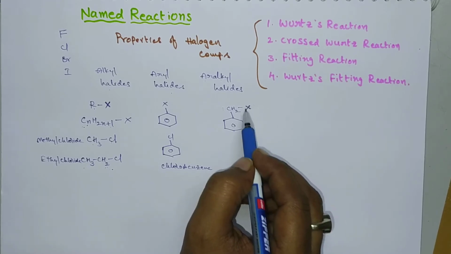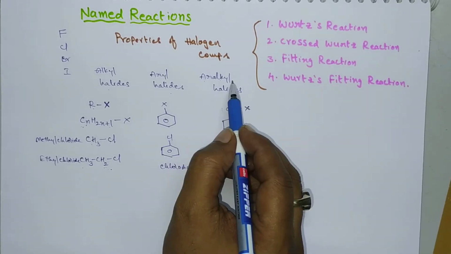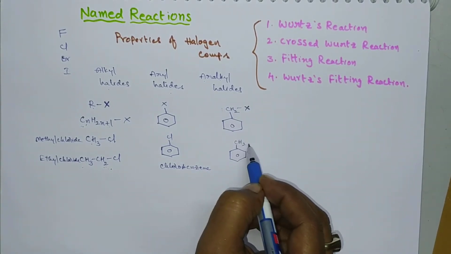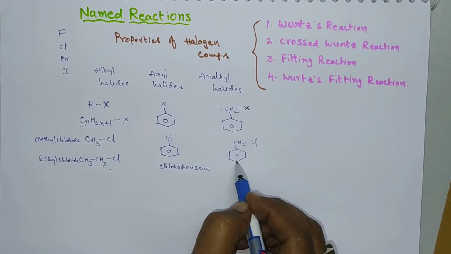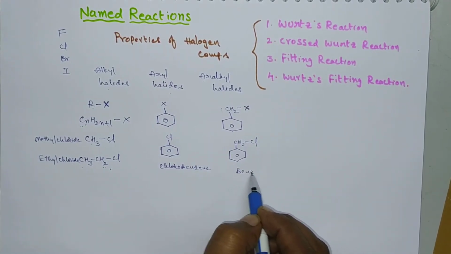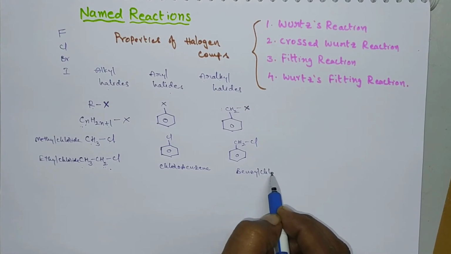If X is chlorine, C6H5CH2Cl is an aralkyl halide, called benzyl chloride.